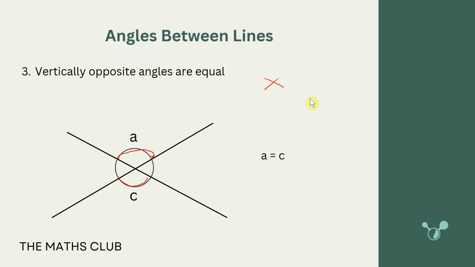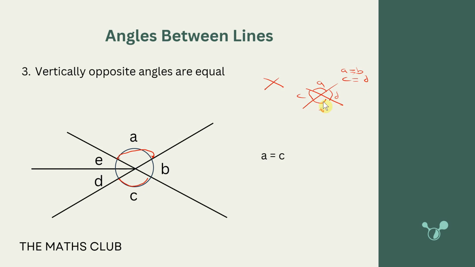Once you see this X, just know that whatever is up here would also be what is down here. They must be opposite each other and they're equal. Same thing here, you can see this X, whatever is here is also equal to whatever is here. So if this is A, this is B, this is C, this is D, while A is equal to B in this case, C will also be equal to what?